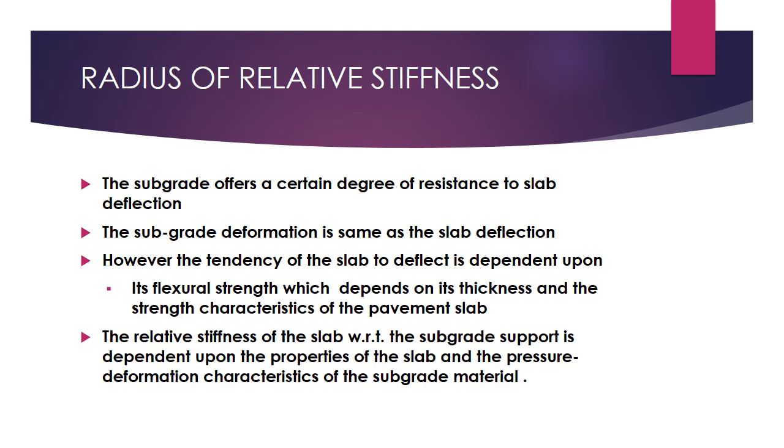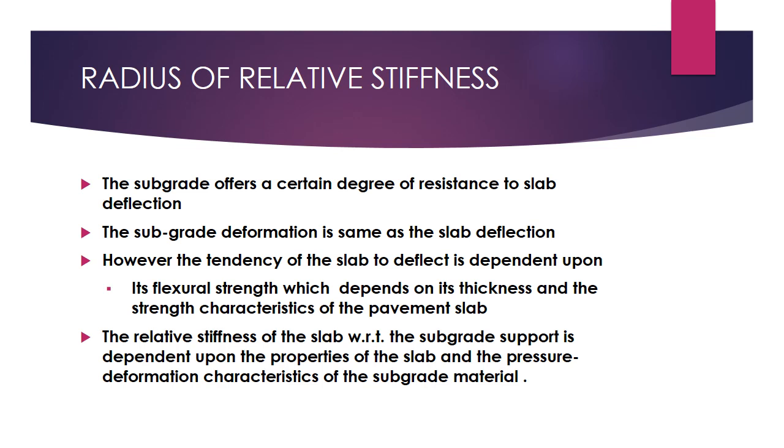Now the relative stiffness of the slab with respect to the subgrade support is dependent upon the properties of the slab and the pressure deformation characteristics of the subgrade material.